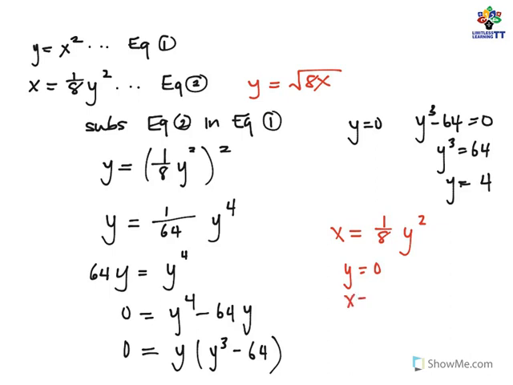That means that x will be equal to 0. And then when y is equal to 4, it means x will be equal to 1/8 times 4 squared, which is 16. And so 1/8 multiplied by 16 is going to give me 2. So x is equal to 2. So now I know my points of intersection. They are (0, 0) and (2, 4).